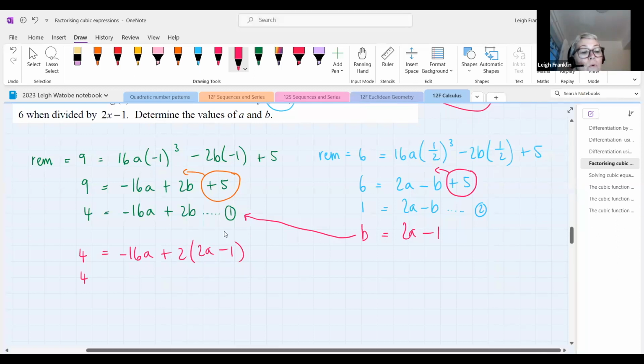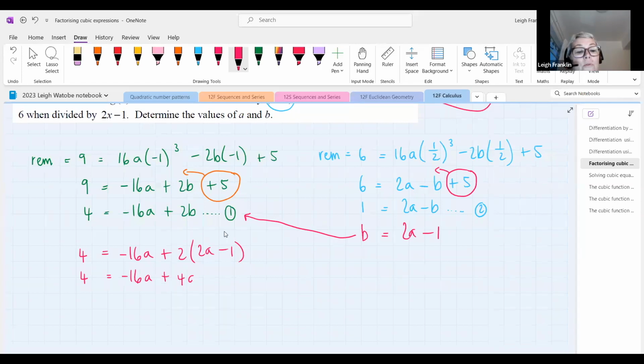So 4 is equal to -16a plus 4a minus 2. If I take this 2 over to the other side, it would be 4 plus 2. And on this side, I've got -16a plus 4a, which gives me -12a.